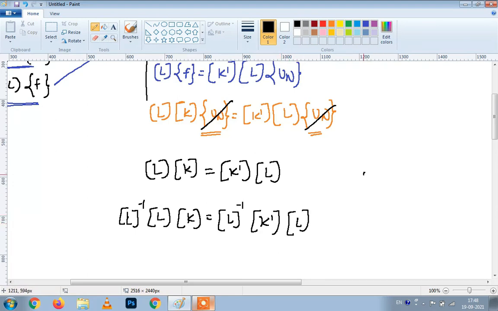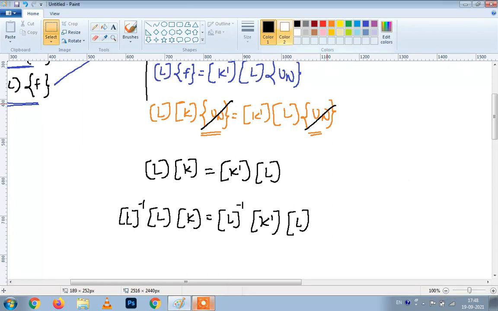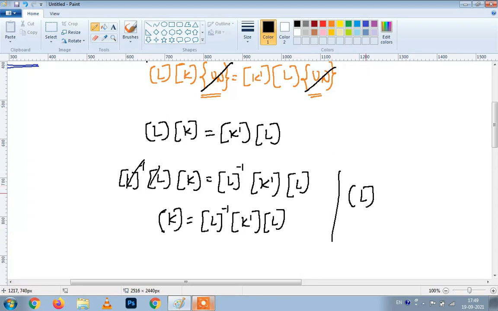Now for the transformation matrix, this particular transformation matrix inverse is equal to, this is nothing but, now here these two terms L dash and L, the inverse as well as the transformation matrix, will be cancelled. So K is equal to this inverse matrix into K dash into L. This much we are getting. Now for the transformation matrix, this inverse is nothing but equal to transpose.